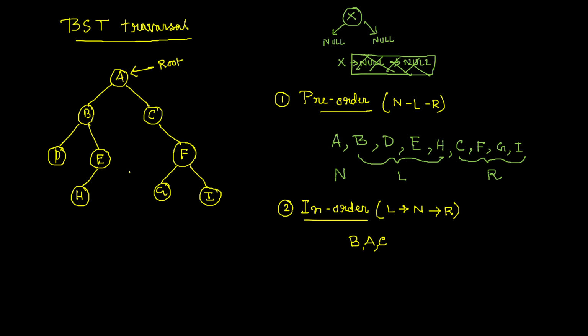So we cannot start with this B. This part should be something like D, then B, then E. And you see D is a leaf node. When you come to print D, you will find that there is no left child and no right child, so it will become null.